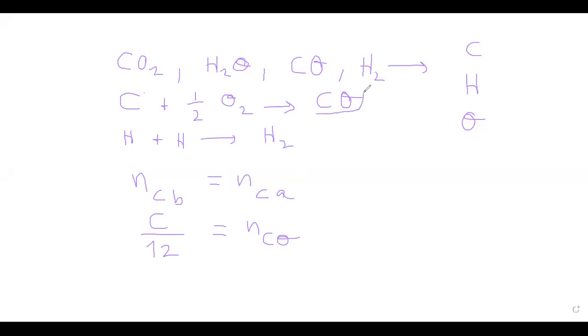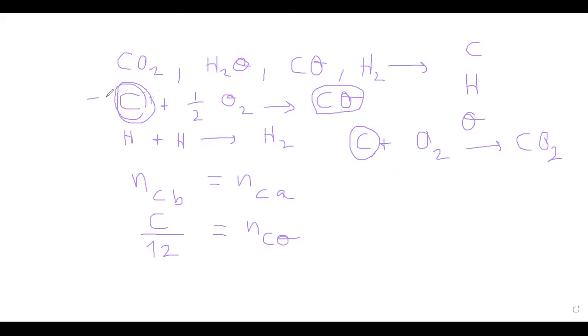So the number of kilomole of CO will indicate the number of kilomole of carbon that reacted with oxygen to give CO. While for the other quantity, we have a quantity of C that combined with O2 will give us CO2. Also here, 1 kilomole of C will lead to the formation of 1 kilomole of CO2. So the total number of kilomole of C is the summation of the number of kilomole doing the first reaction plus the number of kilomole of C doing the second reaction.